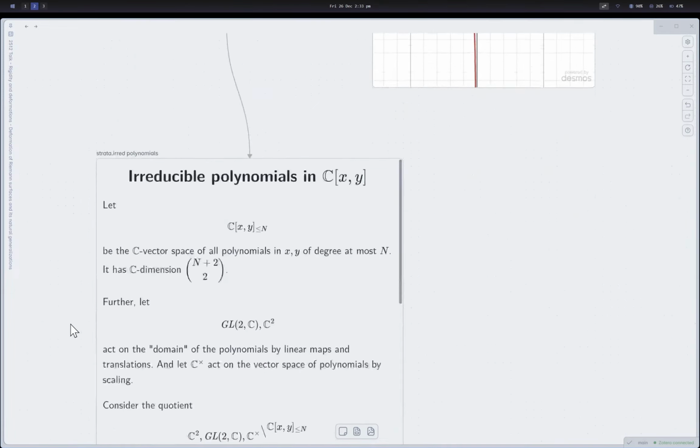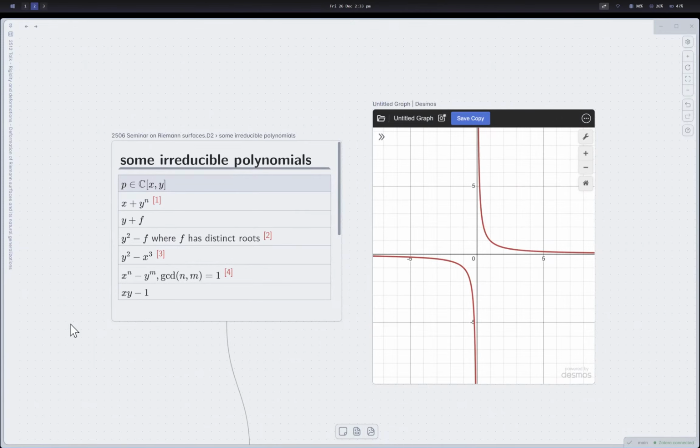Smooth ones will be open here, because smooth means some derivative is zero, so it will be closed. No, smooth means something is non-zero, so it will be the complement of a closed set, I think.